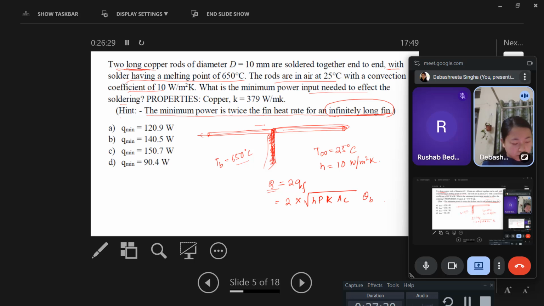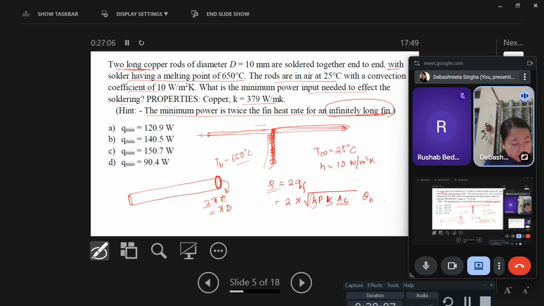Now just find out what all of these are. H is given, k is also given here, 379 watt per meter Kelvin. Then p is the perimeter of the fin. If this is the rod, the perimeter will be given by 2 pi r, or you can directly write pi d.